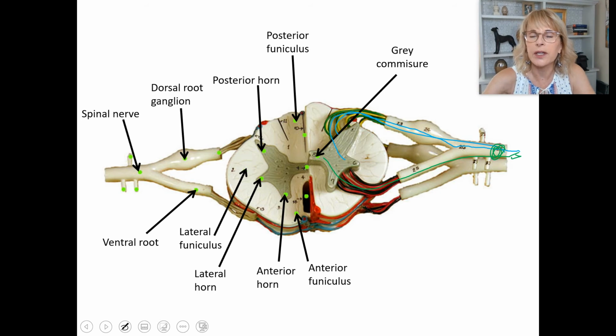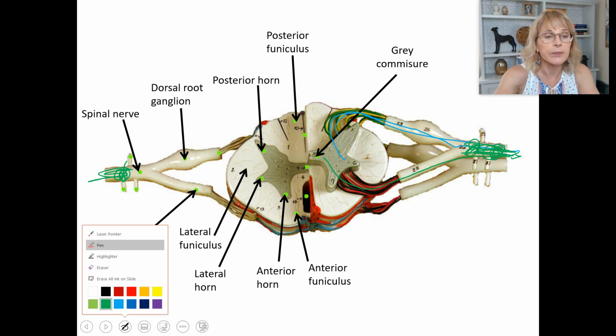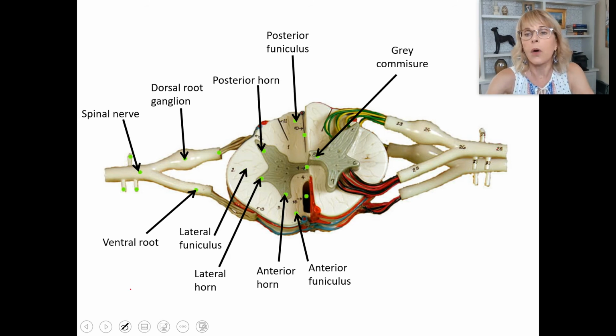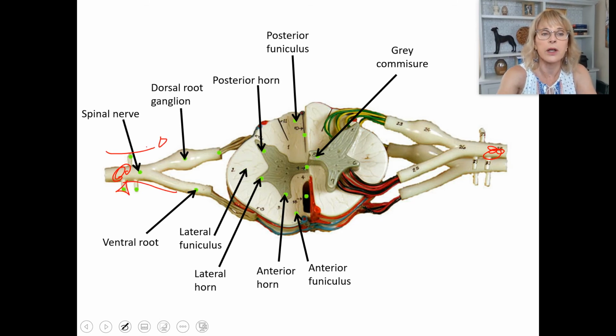Now, here you'll notice that they come together. This area is called a nerve, and in this case, we're looking at spinal nerves because they are bundles of axons that are all bundled together. In this part, I will find sensory and motor, one going inward and one going outward. But in this area, the area is called the roots.